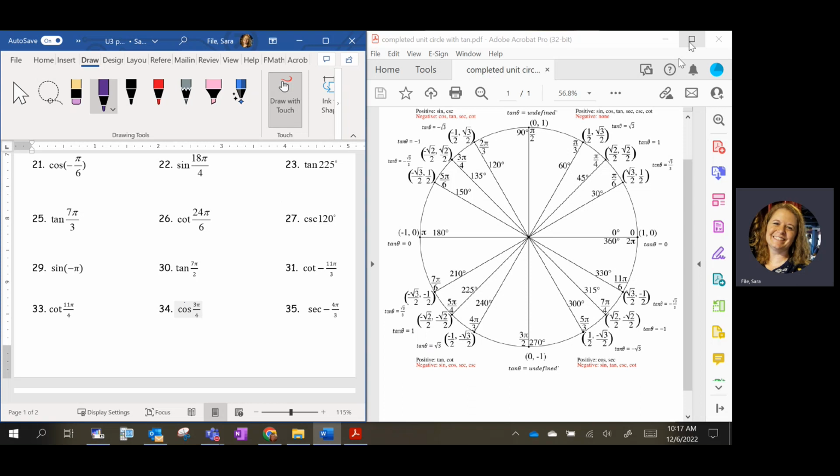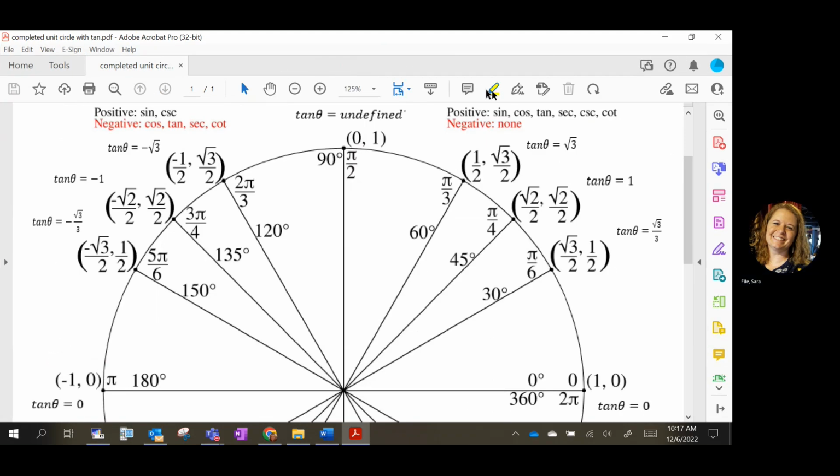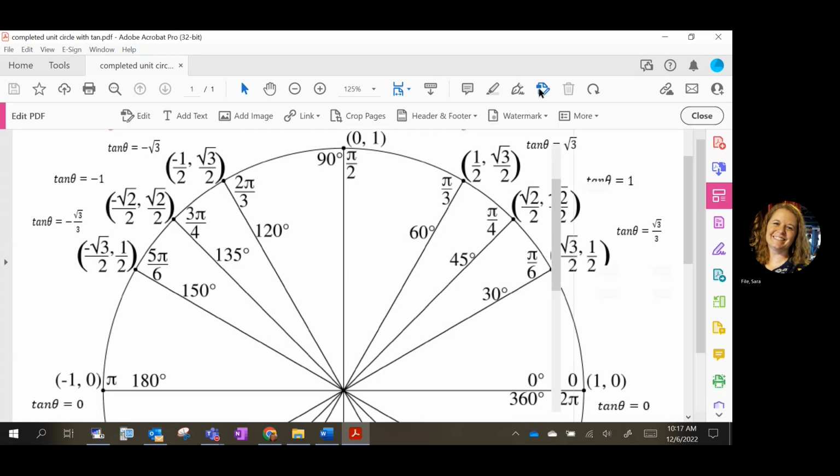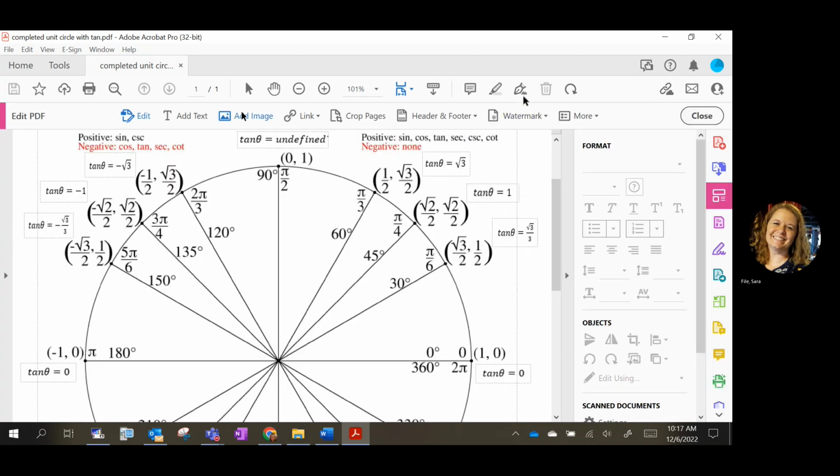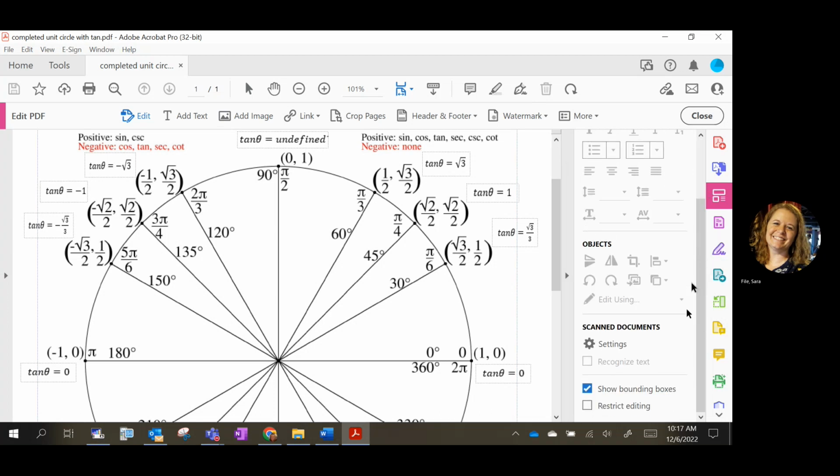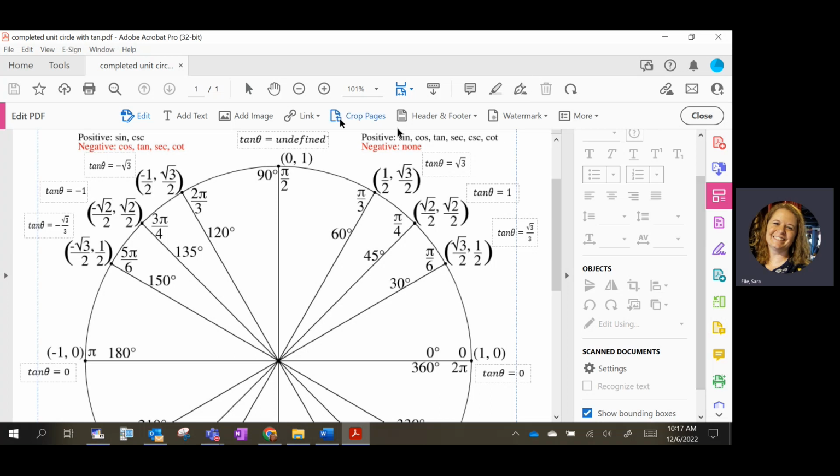I don't know if it'll let me do it on this PDF. Let me see. I don't think it'll let me just pre-write on top of this, unfortunately.